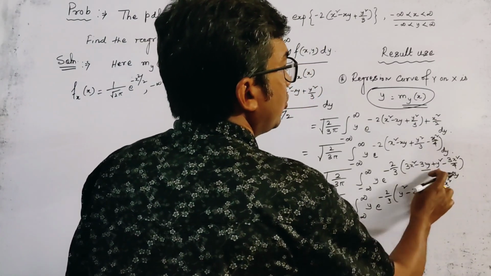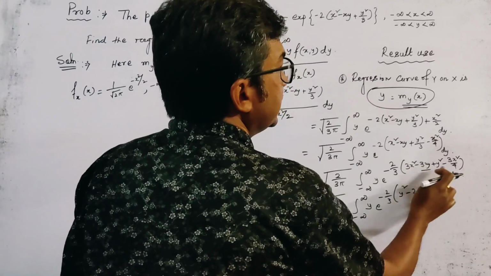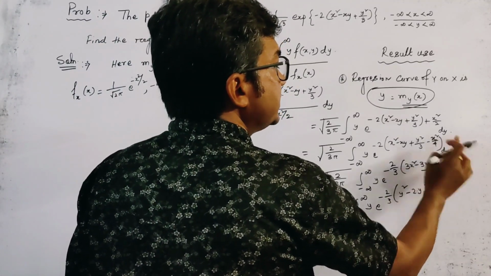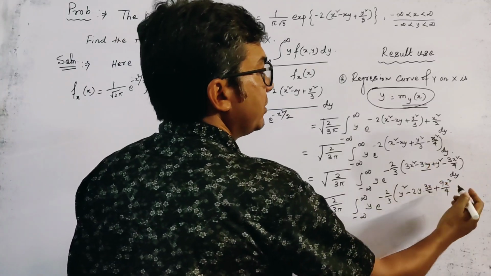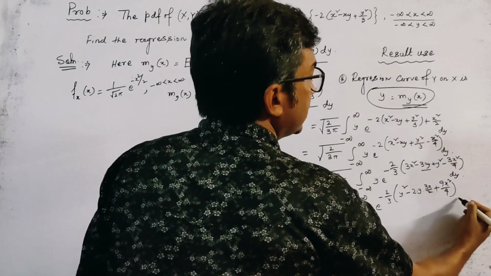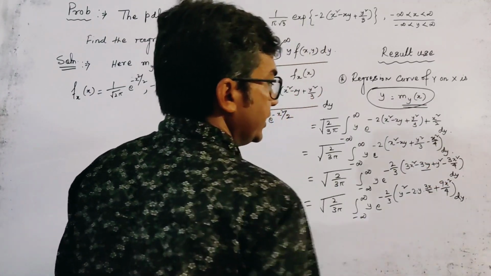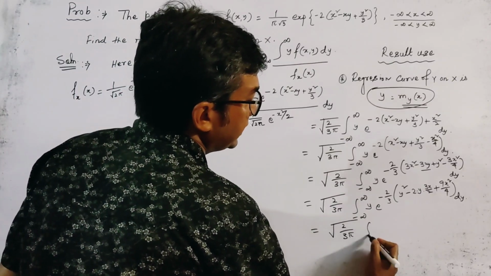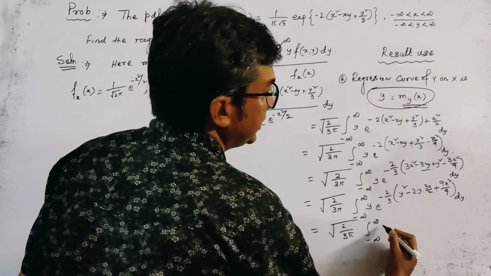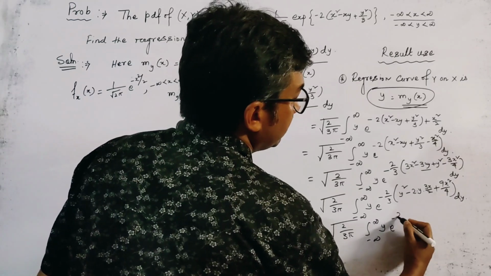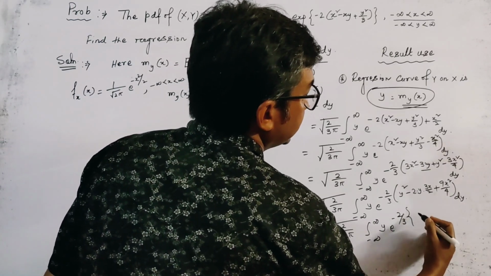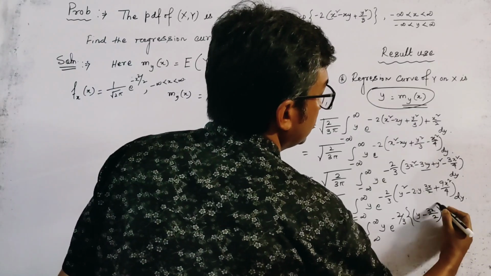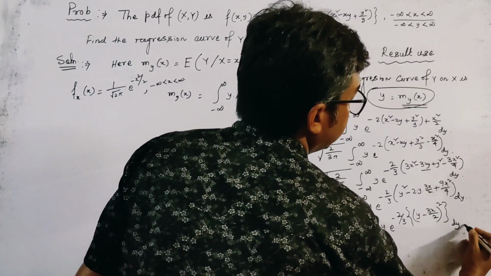Already here this is 3 into 4, this is 12x square minus 3x square, so 9x square by 4 is present, so these two terms are adjusted. Now we get root 2 by 3 pi integration minus infinity to infinity y into e to the power minus 2 by 3, and this is (y minus 3x by 2) whole square dy.